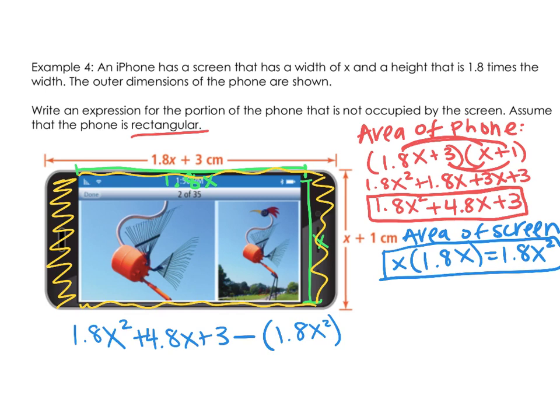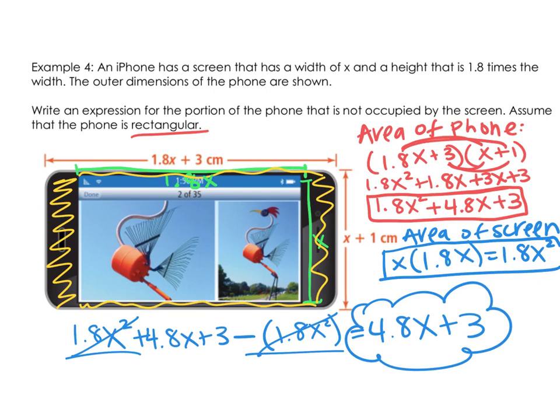So if I do that, these two are going to go together, which means 1.8x squared minus 1.8x squared is going to cancel out, leaving me with 4.8x plus 3. So this right here is the area of that yellow portion, where it's just the black part of our phone.